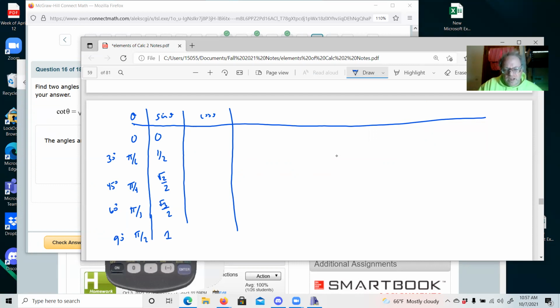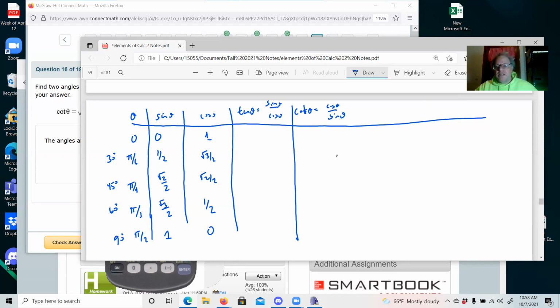Cosine is 1, square root of 3 over 2, square root of 2 over 2, 1/2, and 0. Tangent is equal to sine over cosine. You should also memorize that cotangent is equal to cosine over sine.